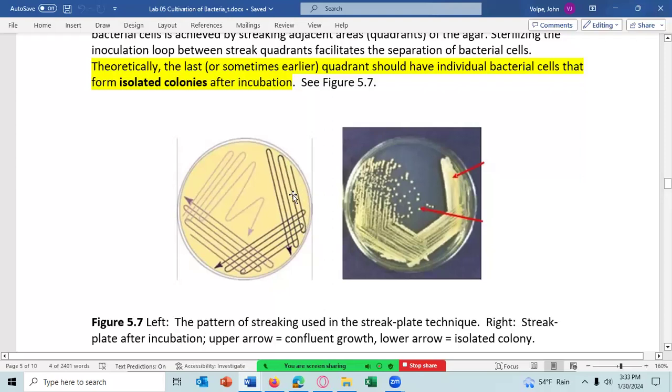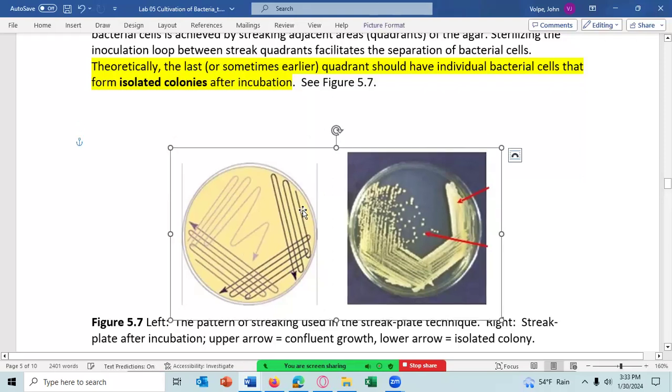As you streak, you will deposit cells, and so you'll have more cells here than you will have here on your last streak. So you should only go about that far. You shouldn't go all the way over. And then streak out sector 2.